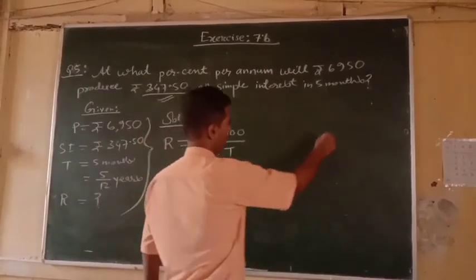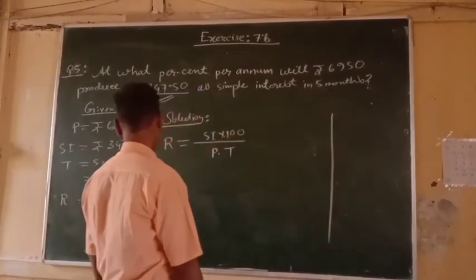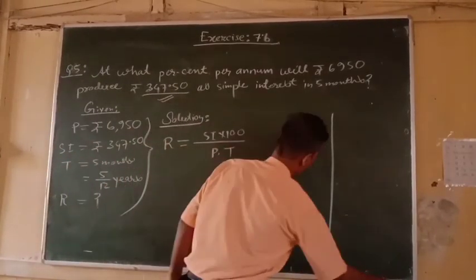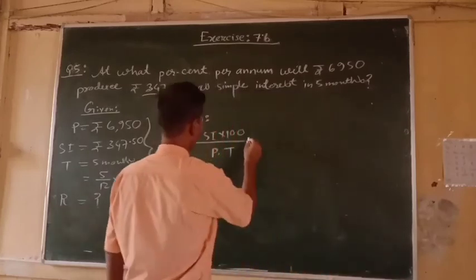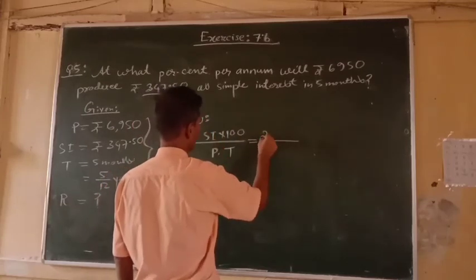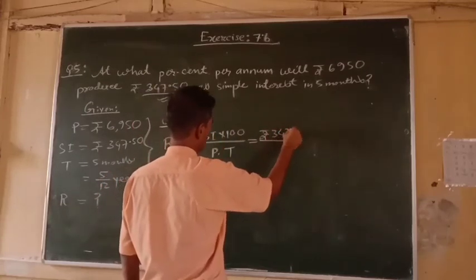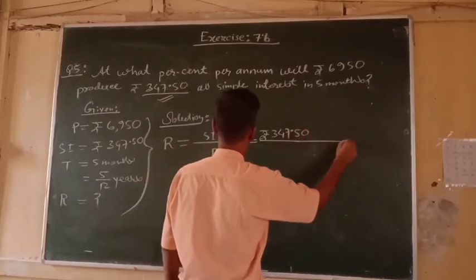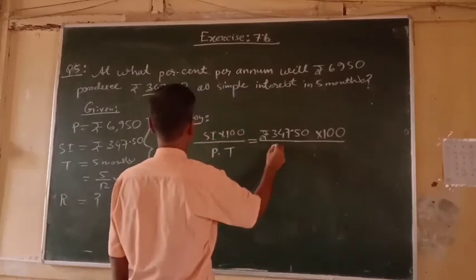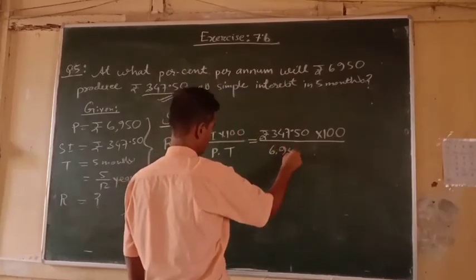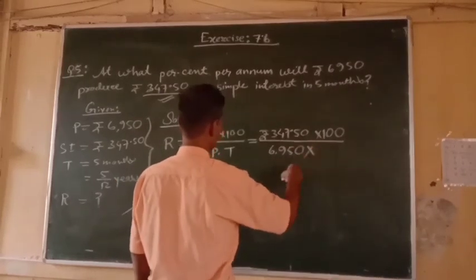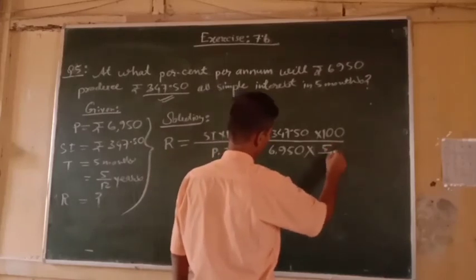Now see, the time given is 5/12. So R equals simple interest 347.50, into 100, below principal 6950, and T, the time, given as 5 by 12.